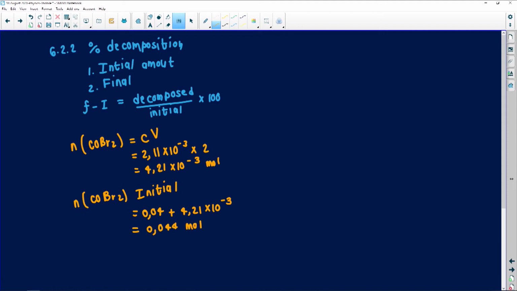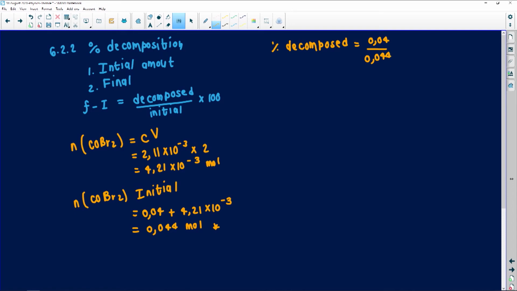Now let's find the percentage that was decomposed. Always remember to actually write a formula so that your examiner actually sees what you're doing. So I'm going to take my decomposed amount, which was 0.04, and at the bottom I need to take my initial amount, which I just calculated here, 0.044.